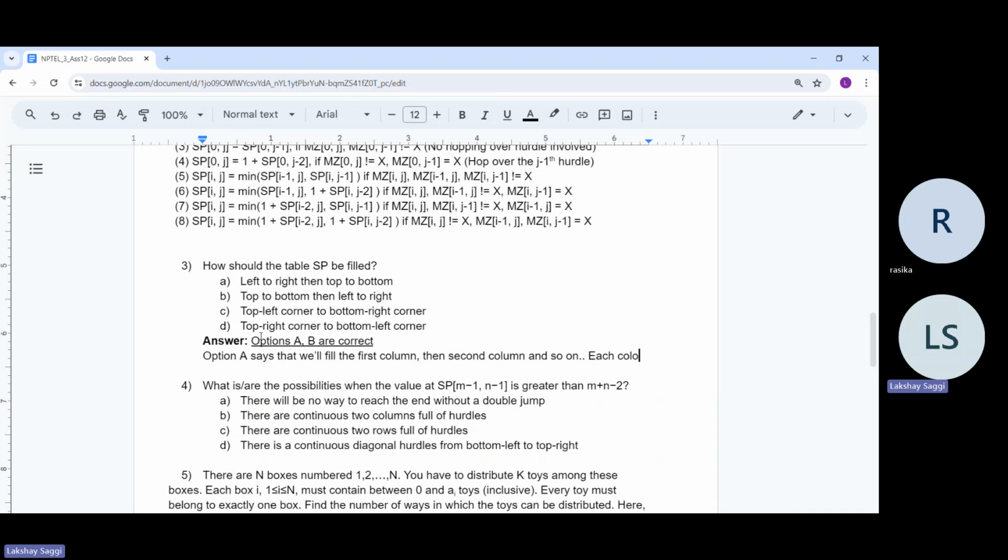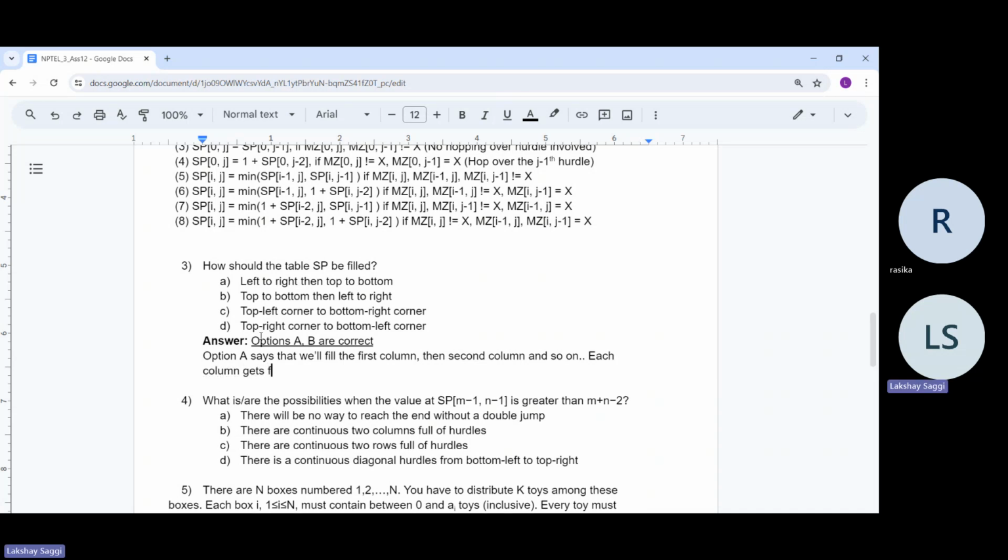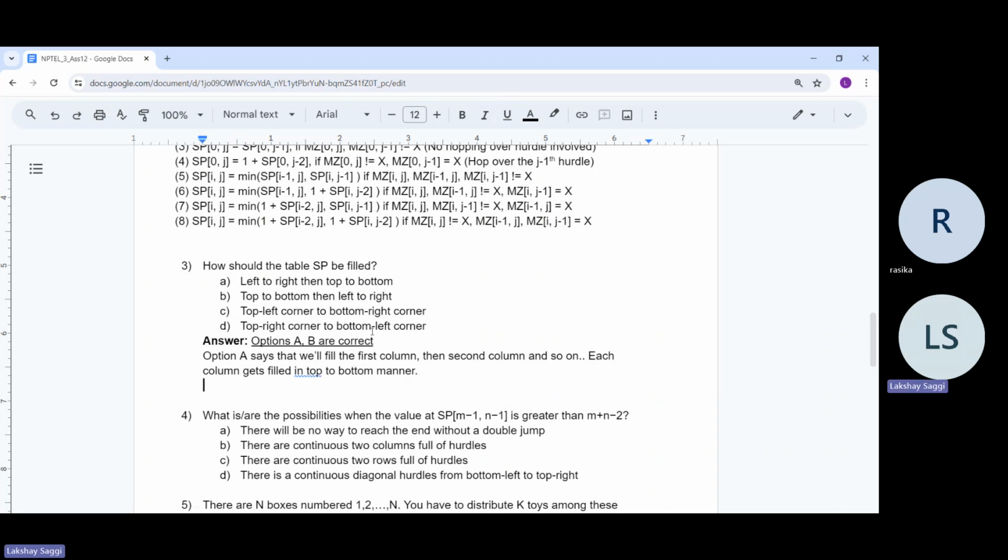Each column gets filled in a top to bottom manner. So this ordering is correct. So this is why option A is correct.